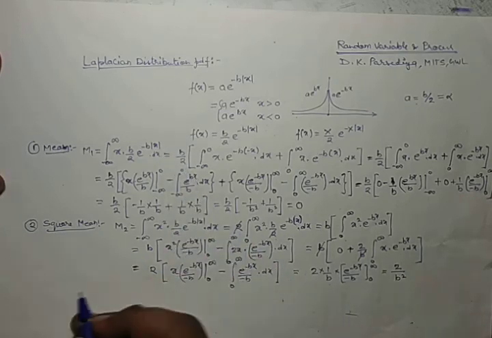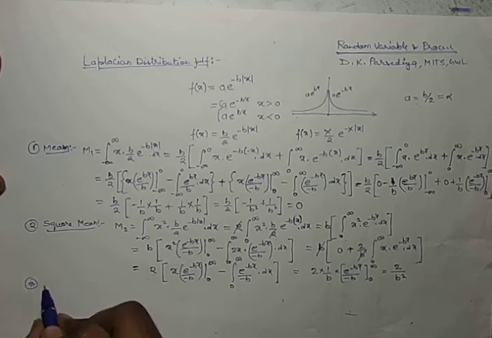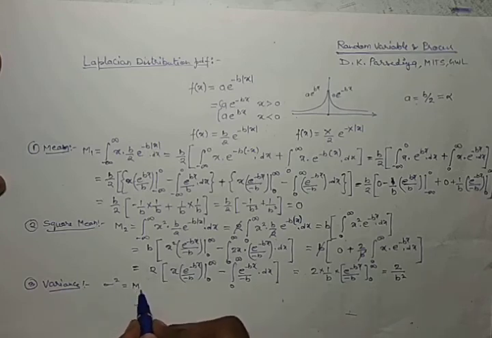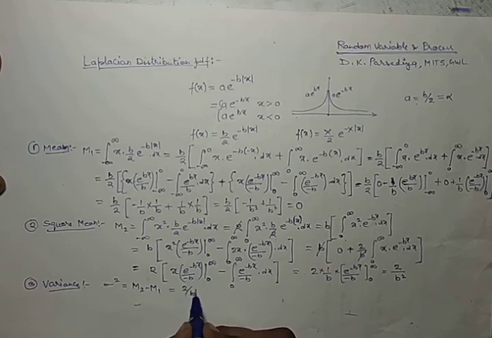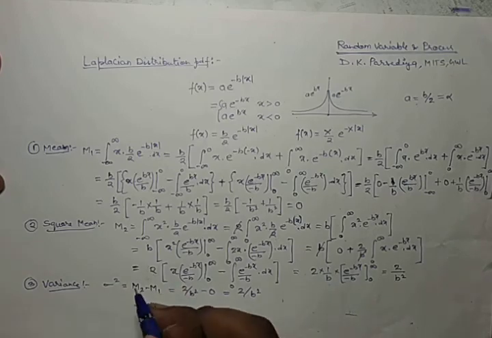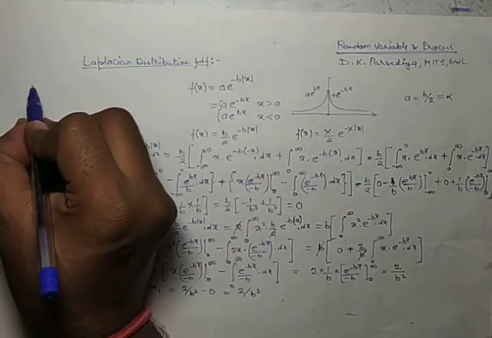Now our third statistical average is variance. So variance is given by sigma square, that is m2 minus m1 square. So m2 is 2 upon b square minus m1 is 0, so our variance will be 2 upon b square. And fourth is the standard deviation, so I am solving here.